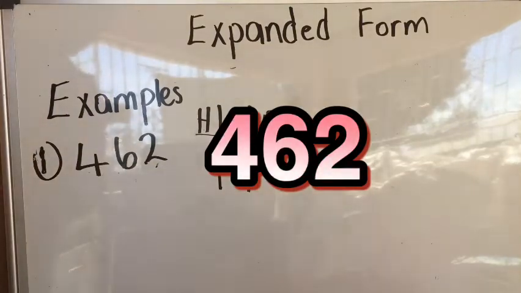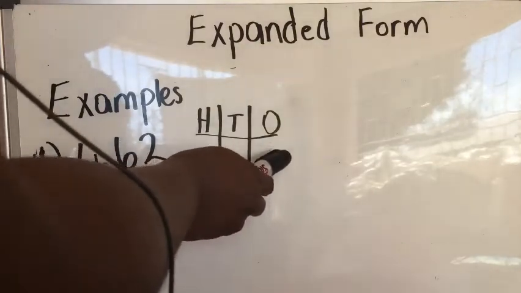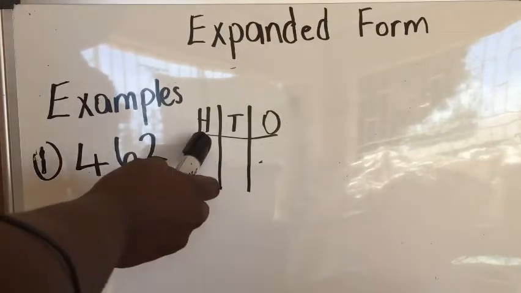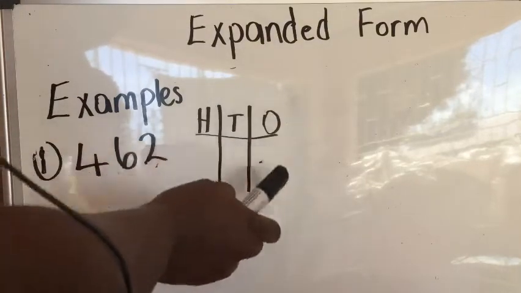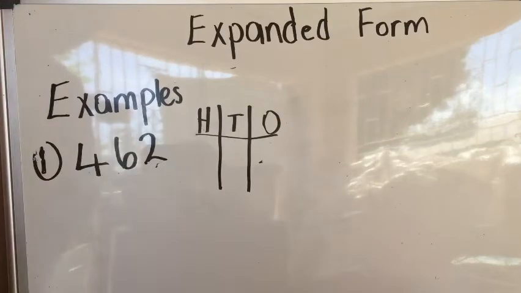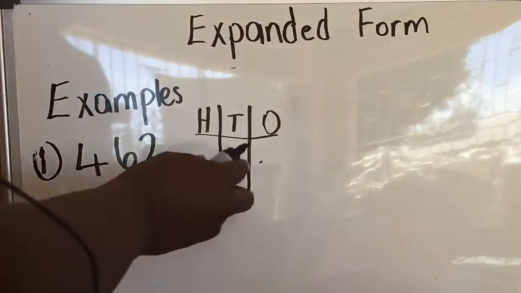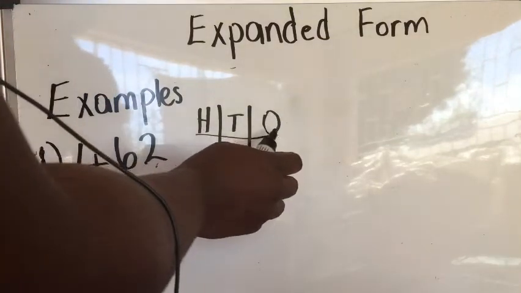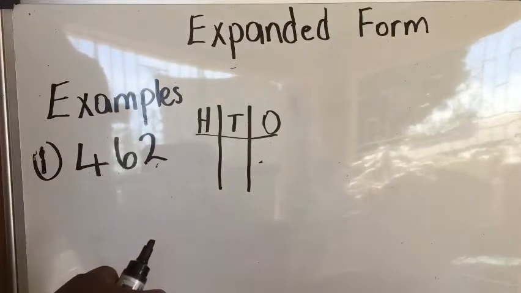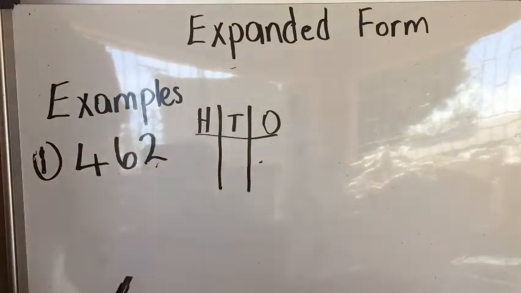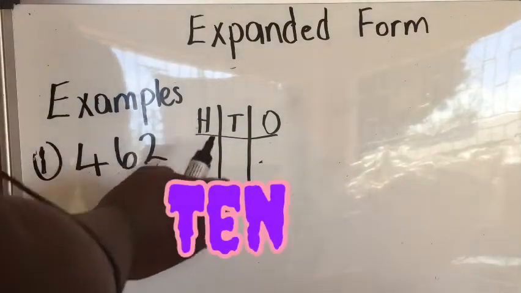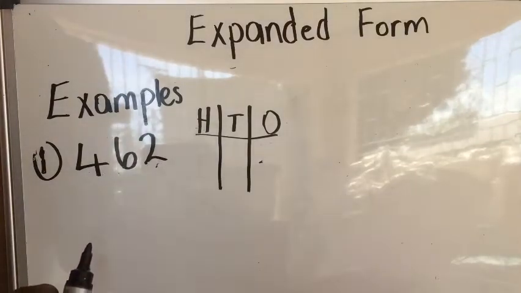462. And over to my right side, you will see a column here, a place value chart, right? Place value chart. The O means it is ones. T means it is tens, and H means it is hundreds.